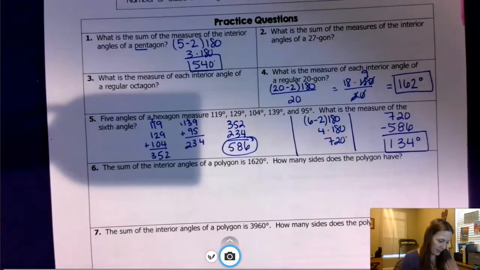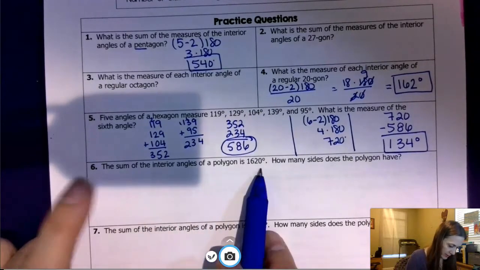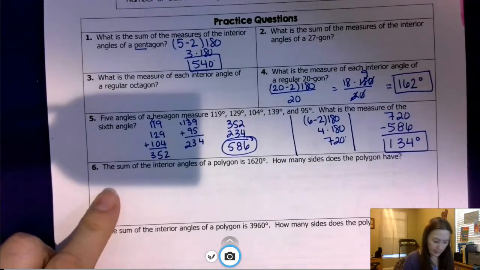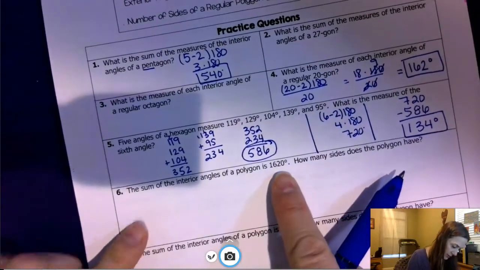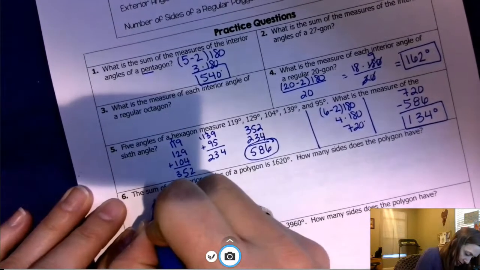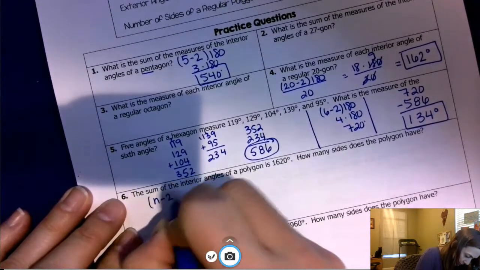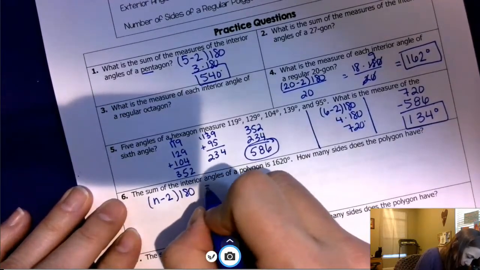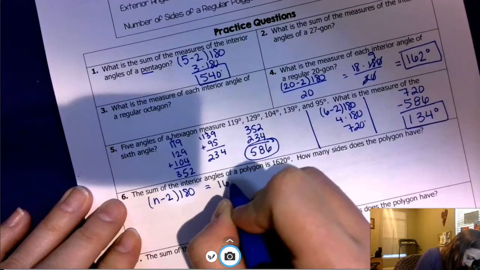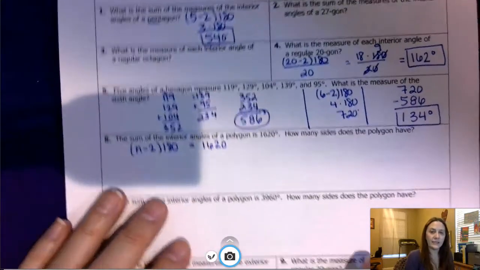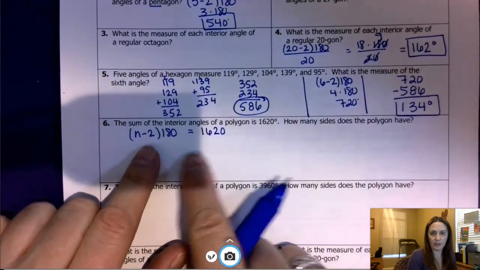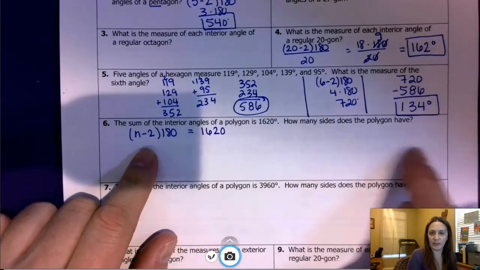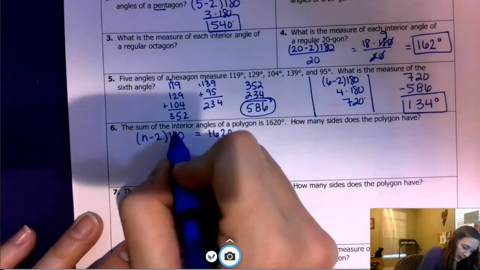We're going to skip some of the interior angles of a polygon. Oh, this one actually is kind of interesting. The sum of the interior angles of a polygon is 1620. So if I have n minus 2 times 180 equals 1620, I need to solve this for n. How many sides does it have? I'm going to backwards distribute this.